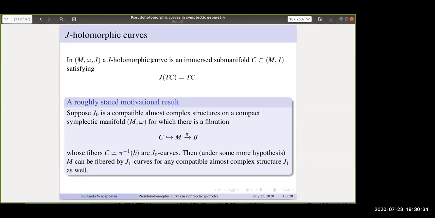So suppose J0 is a compatible almost complex structure on a compact symplectic manifold for which there is a fibration. We are considering a very special situation where M has, and by a fibration I just mean that pi, over here, sorry, I'm not able to highlight it, pi is a submersion. Which means that all of its fibers are the same, and the fibers are J0 holomorphic curves.